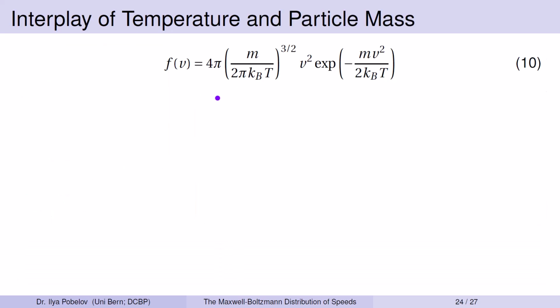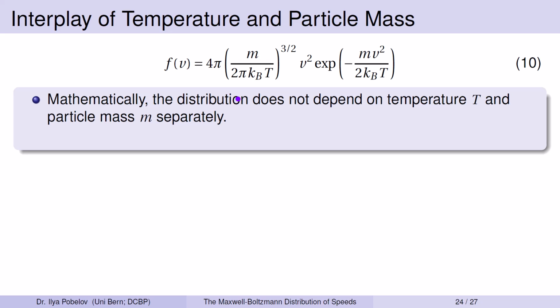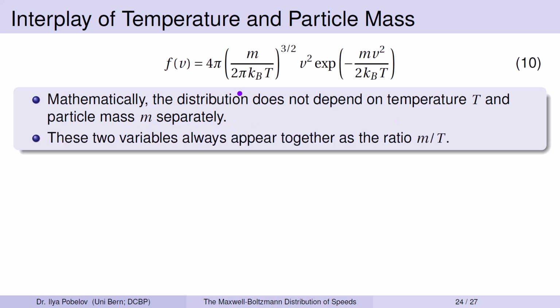If we look closely at the formula for the Maxwell-Boltzmann distribution of speeds, we notice something significant. Mathematically, the distribution does not depend on temperature and particle mass separately. Instead, these two variables always appear together as the ratio of mass to temperature.